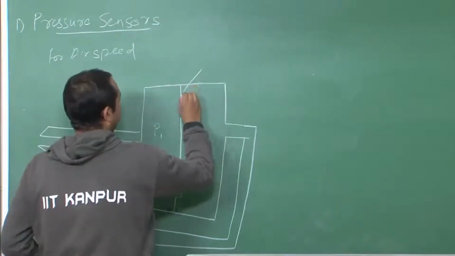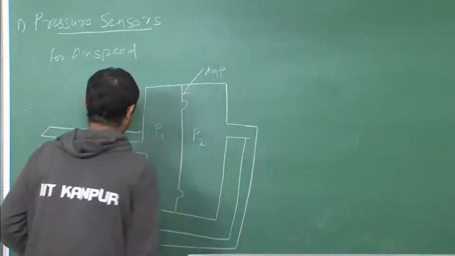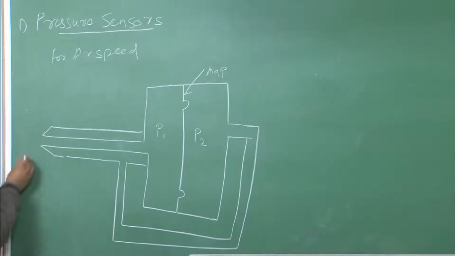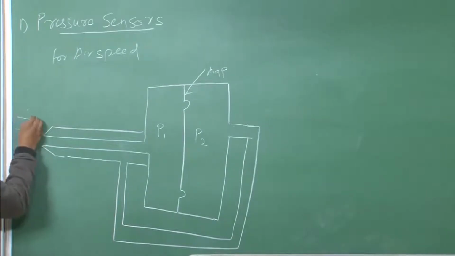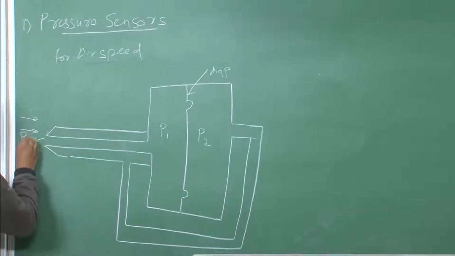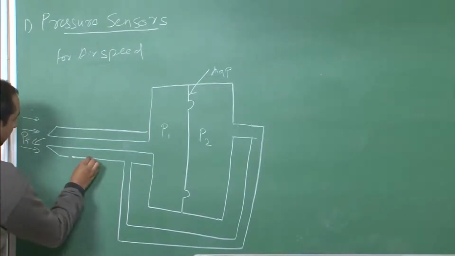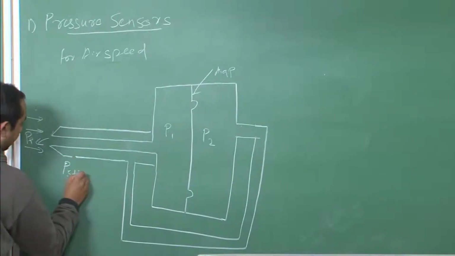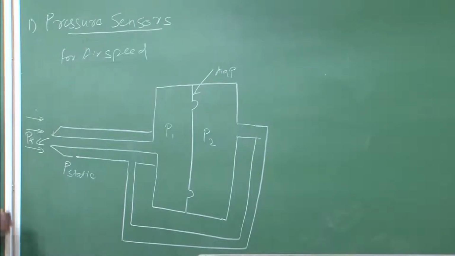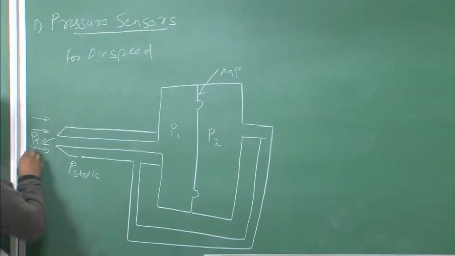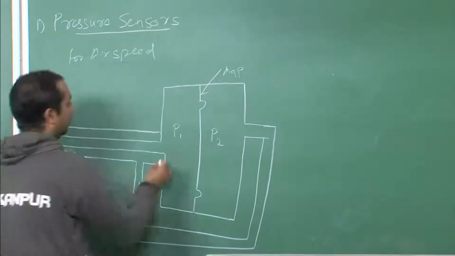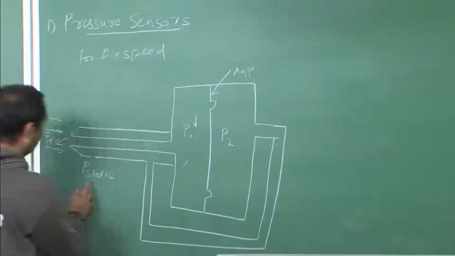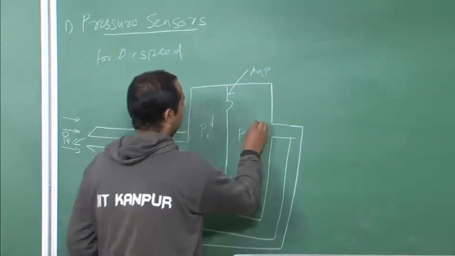This is the same diaphragm. Now it has two outlets. One is at the front, which will be open to your airflow and will give you total pressure, and there is a small vent here which will give you static pressure, P static. Comparing with respect to total pressure, you will get a pressure P1 on the left volume, and due to static pressure you will get pressure P2 on the right volume.